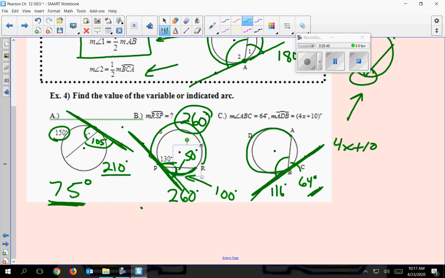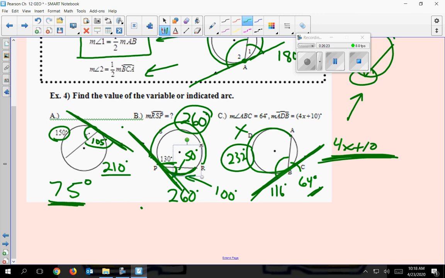Can't I then double that to get this arc up here? Well, that's what the rule's been telling us. So if I double 116, I think I get 232 degrees. Well, if that 232 degrees represents that arc, can't I set it equal to what they told me the arc was and solve it for x? Okay, because they don't say that, but they want me to solve for x.